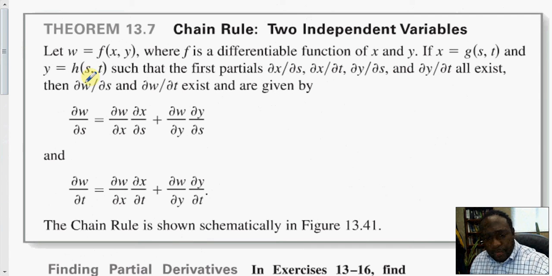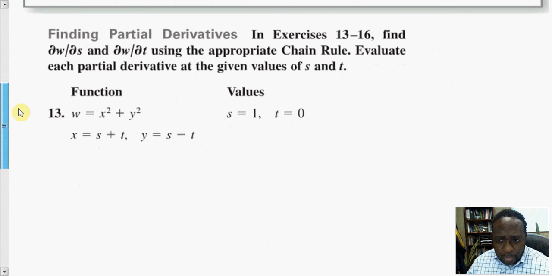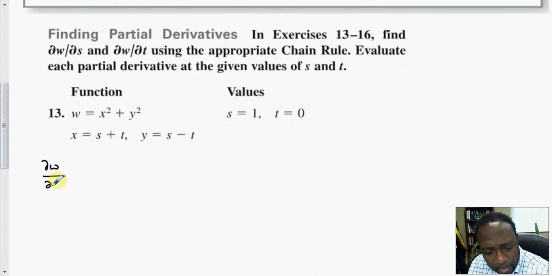And so then you want to find the partial of w with respect to s, and then the partial of w with respect to t. If they exist, then they're calculated in this fashion. So it says find the partial of w with respect to s.